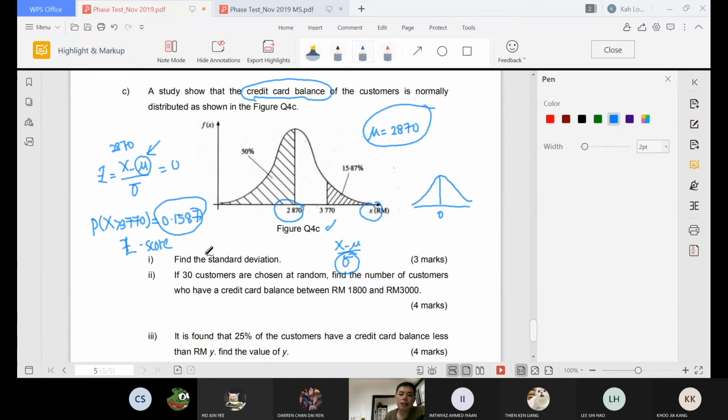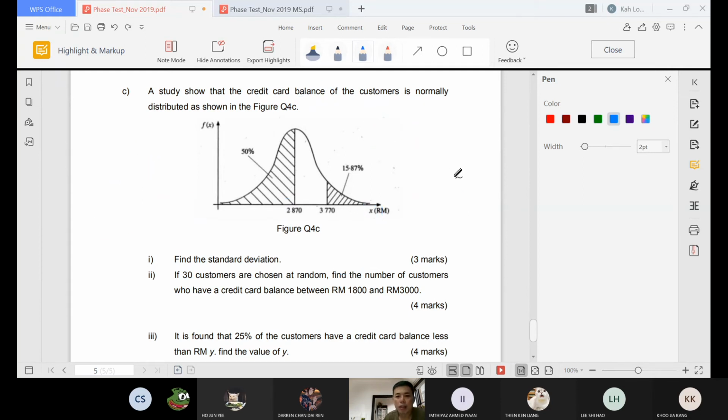Now, every one of you, very simple, your task is to do this for me. When your probability is, for example, Z more than K, your probability is 0.1587. Okay, tell me what is your K later on. What is your K?